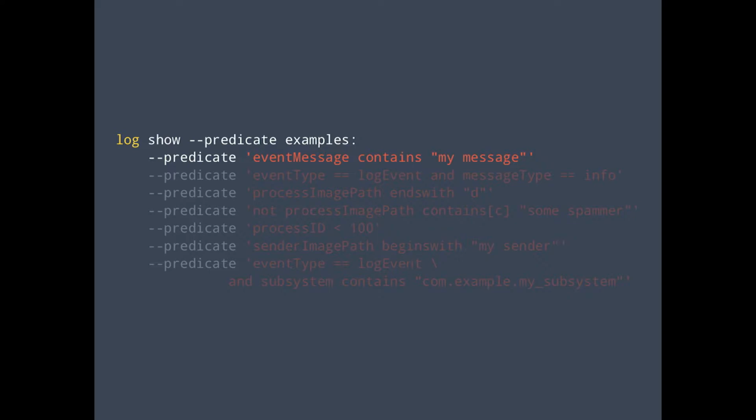The filter argument will define a pattern, and it's using Apple's NSPredicate rules that you can find on the developer site. The supported keys here are the printout from if you just run the command without any arguments, and it gives you the help output. Going through these keys real quick, the event message matches the pattern of the message text. It's, again, like running grep or cat against a file.